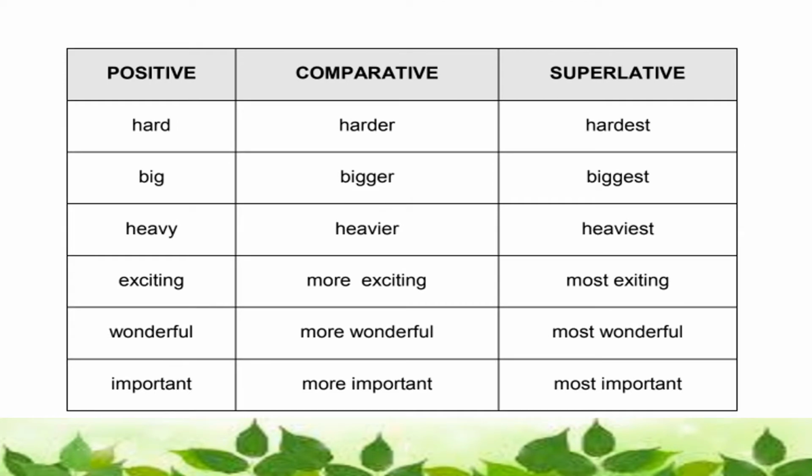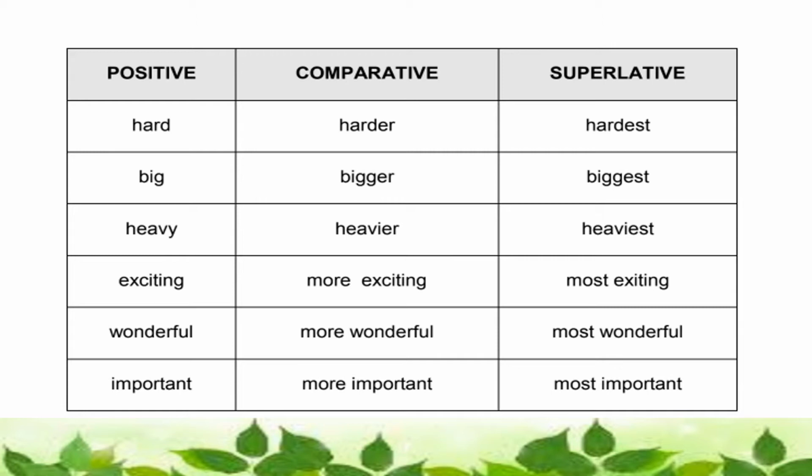Okay, so let's have other examples for the positive, comparative and superlative form, or degrees of adjectives. So we have here the 1 syllable words, which are hard, harder, hardest, big, bigger, biggest. And then we have a 2 syllable adjective, which is heavy, heavier, heaviest.